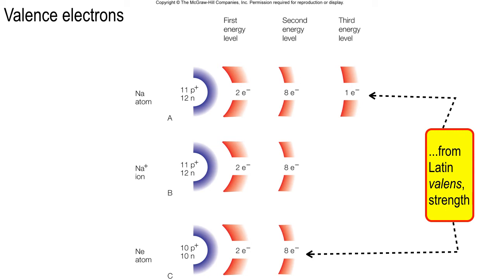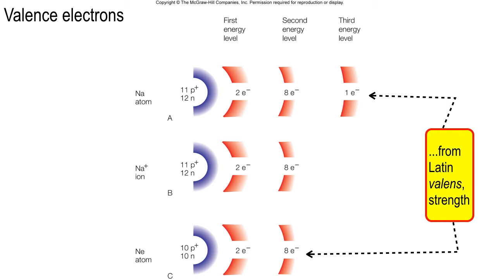And then out here on the third energy level, all by itself, is that one little n equals 3 electron. That's the valence electron. That's the one that can be stolen. If you're sodium, that's how you bond, by either sharing that one or getting it stolen. And chlorine steals it, because chlorine can really pull it.